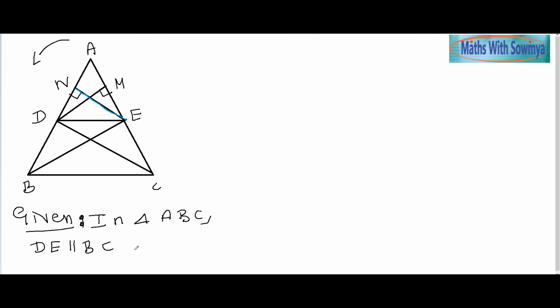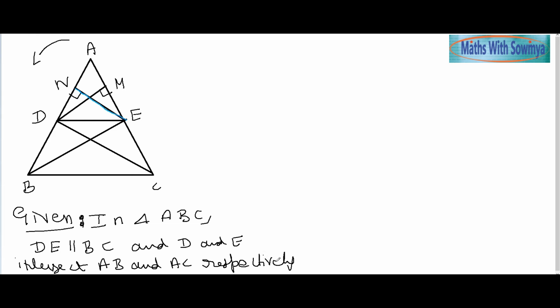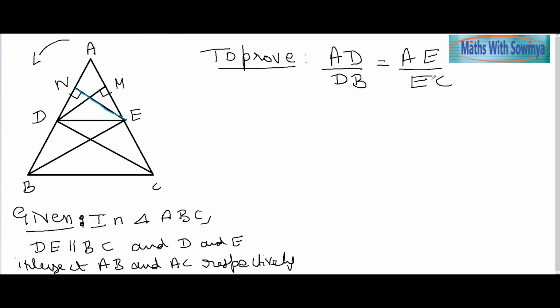This is what is given, and D and E intersect AB and AC respectively. Whatever is given, first write it. This will carry marks. Then, what we have to prove: I have to prove AD by DB is equal to AE by EC.